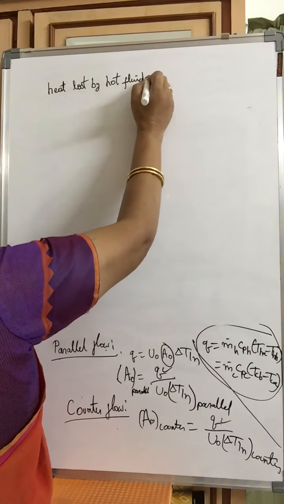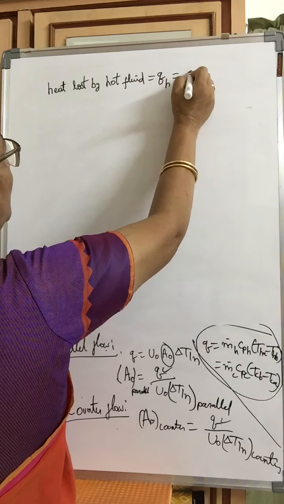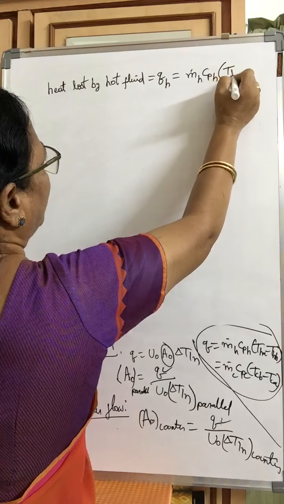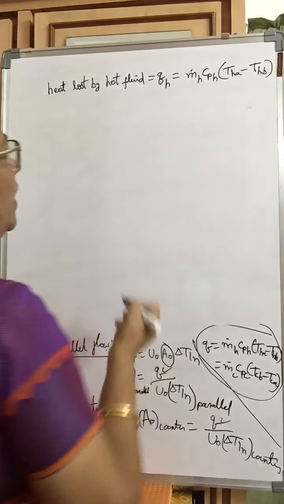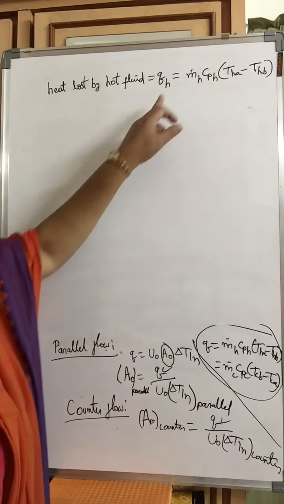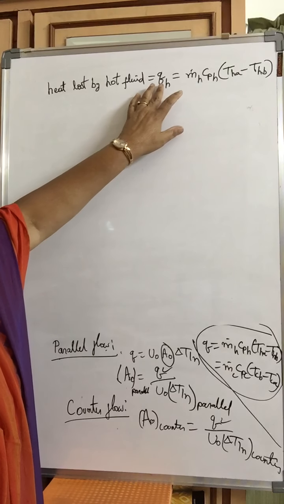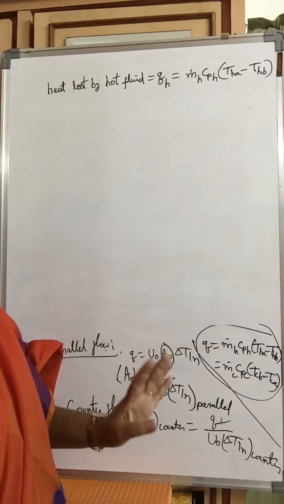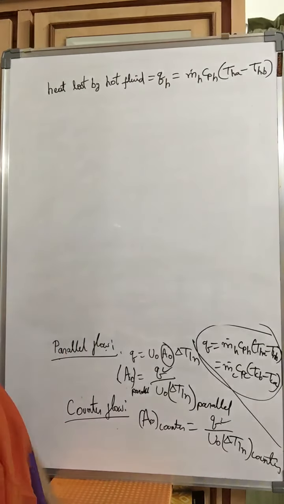Heat lost by hot fluid is given by QH is equal to m dot H CPH and THA minus THB. Okay, this is the equation. We use small q in chemical engineering, according to McCabe and Smith notation. In some mechanical engineering books, they use capital Q. But we know what it is. It depends on how we are defining.